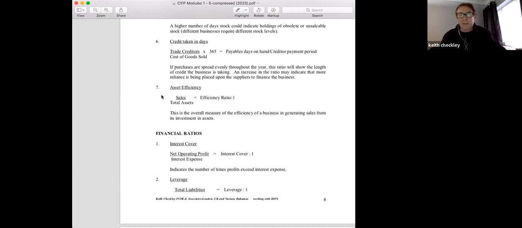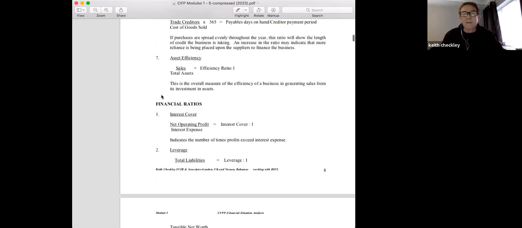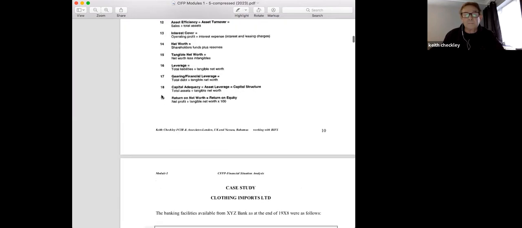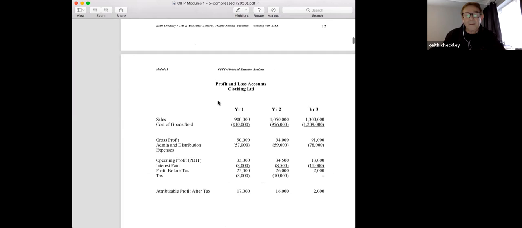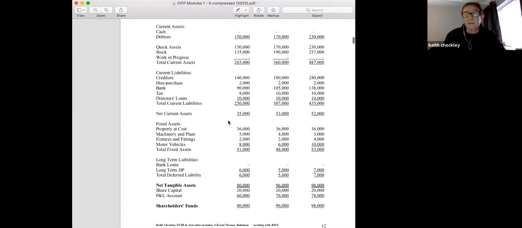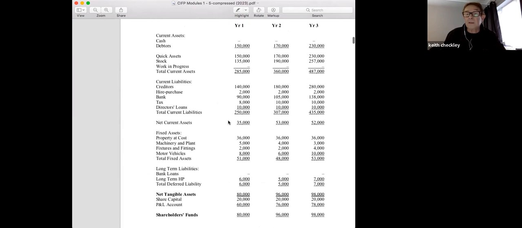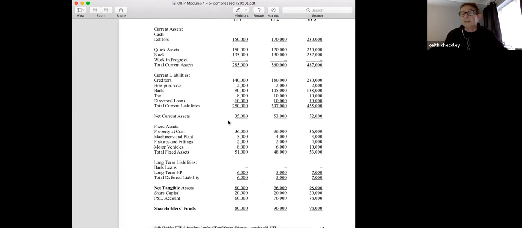So let's do it on clothing imports. The sales in year one were 900,000. We're going to divide that sales figure by all of the assets in the balance sheet. When you look at the balance sheet, it can be presented in a number of different ways, so you've just got to persevere. What we're looking for is the total assets, which will be the current assets plus the fixed assets.